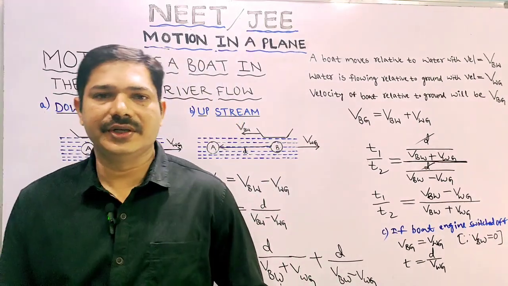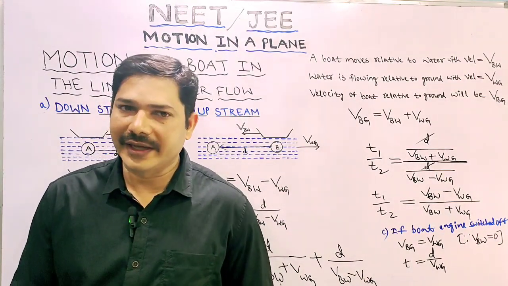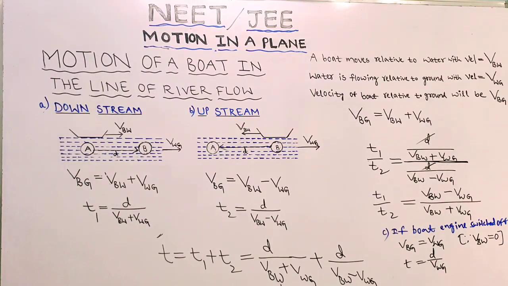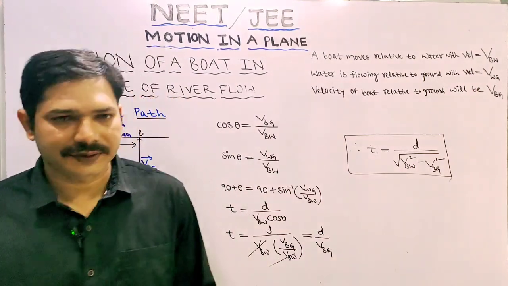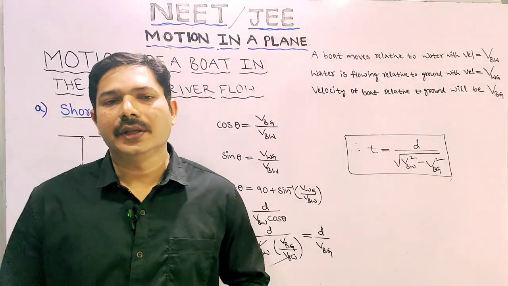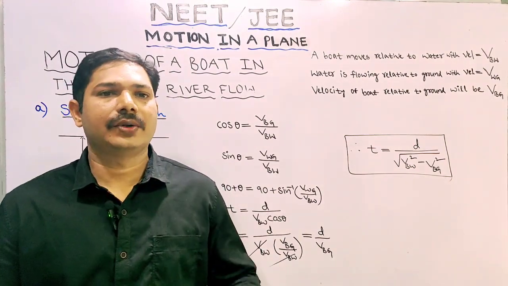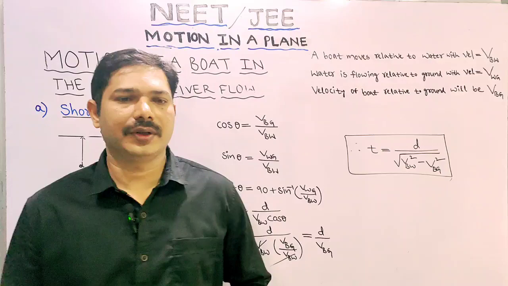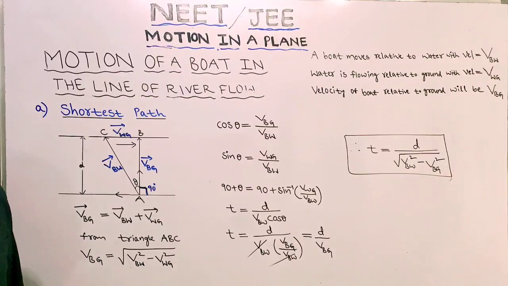Now, from one bank to another bank, for travel, the shortest path and shortest distance. We will discuss in detail with the help of the equation and the diagram. In the shortest path, the boat wants to move from one bank to another bank. What will be the shortest path? We can observe on the diagram, so it is very clear.